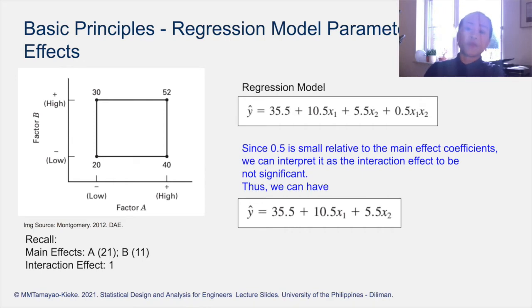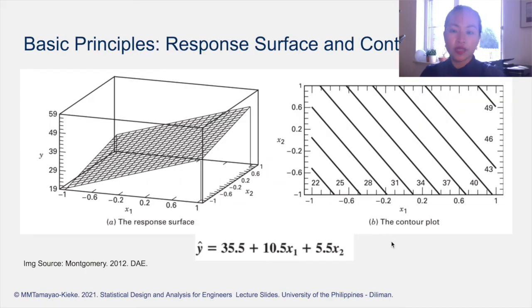These relationships can be further represented through what are called response surface and contour plots. The one on the left is the response surface for this equation, while on the right we can see the contour plot. The response surface is a three-dimensional representation of this two-factor factorial design with a plane showing the different values of y at different combinations of x1 and x2.